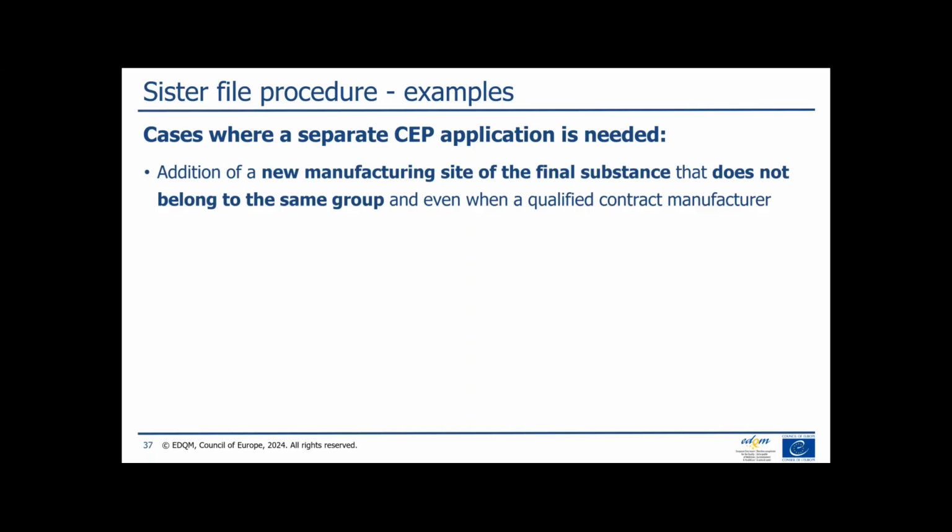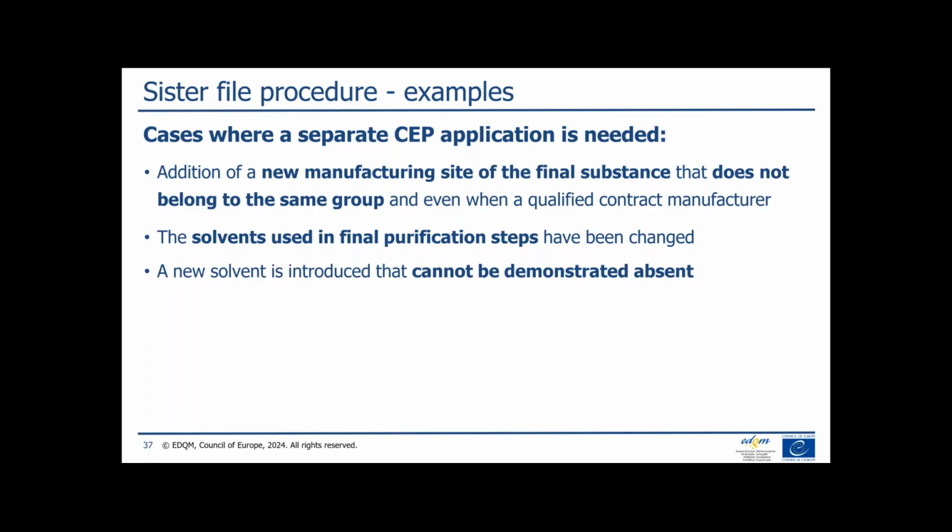Some examples of when a sister file application might be needed. Addition of a new manufacturing site of the final substance that does not belong to the same group. If any change impacting the final substance quality in the last step is introduced, this is a sister file.